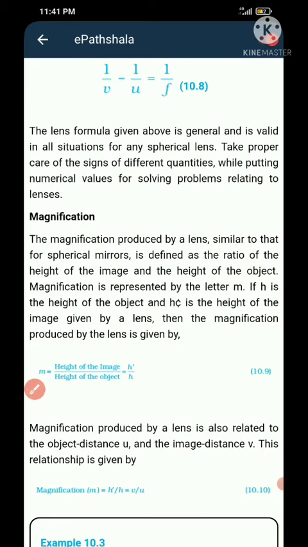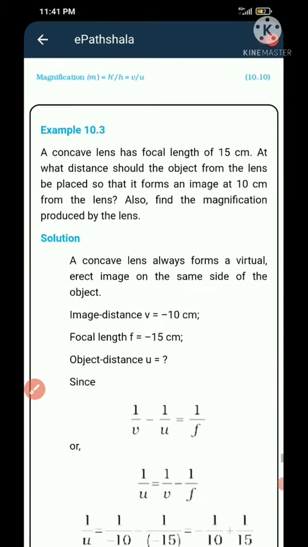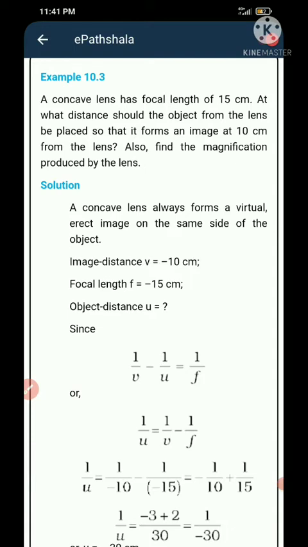Okay, so now it's time to solve the numerical. That is very important. Okay, last one. A concave lens has a focal length of 15 centimeter. Positive sign is given. So what does it mean? At what distance should the object be placed from the lens so that it forms an image at 10 centimeter from the lens? The image distance is also given: v is minus 10 centimeter. Why minus 10 centimeter? Now understand.